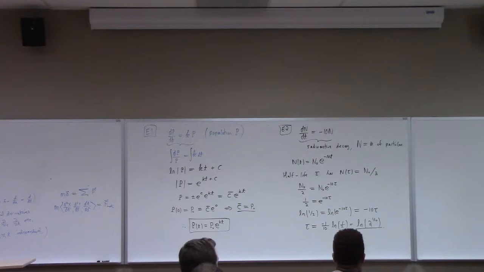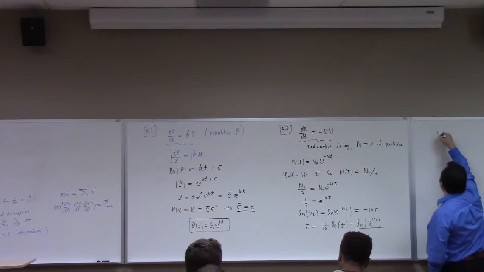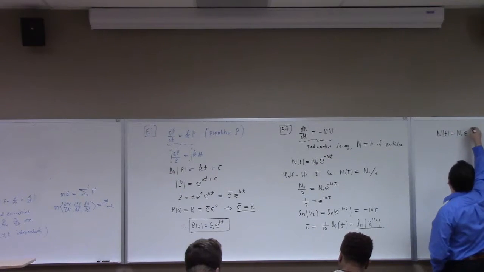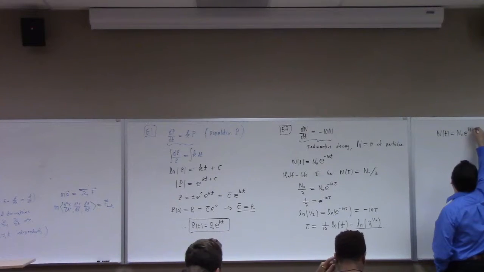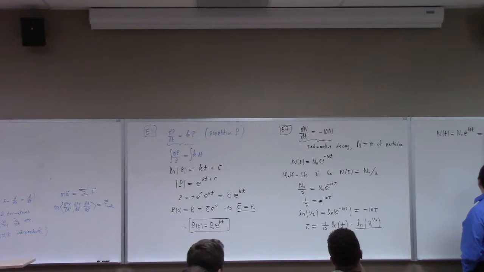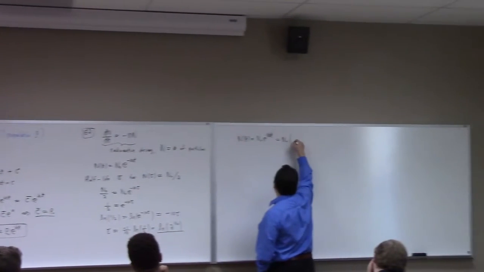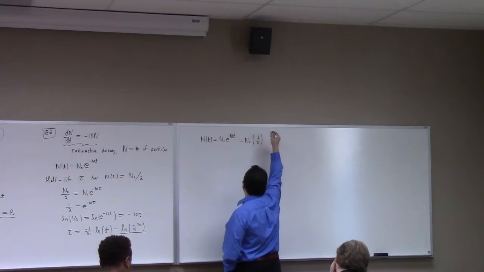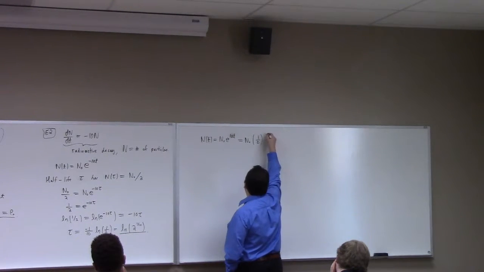So my question to you guys would be, can you rewrite the formula, can we re-express n of t, n naught e to the minus 10t, if we rewrote this as n naught times 1/2 to some power, let's call it Pac-Man.